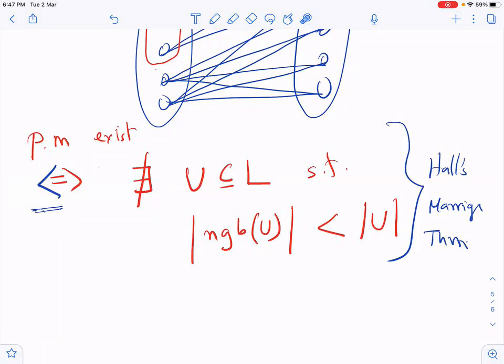Sir, can it be done in this way? Like we take the whole graph, and we have one part and another part, and we don't have any such condition like the size of the neighborhood of U being less than the size of U. Yeah.